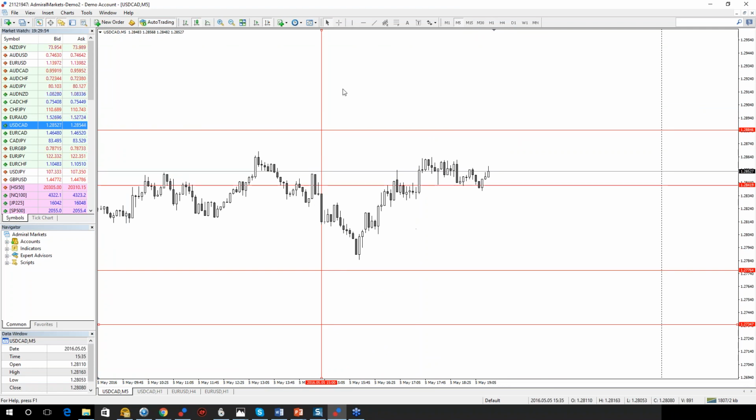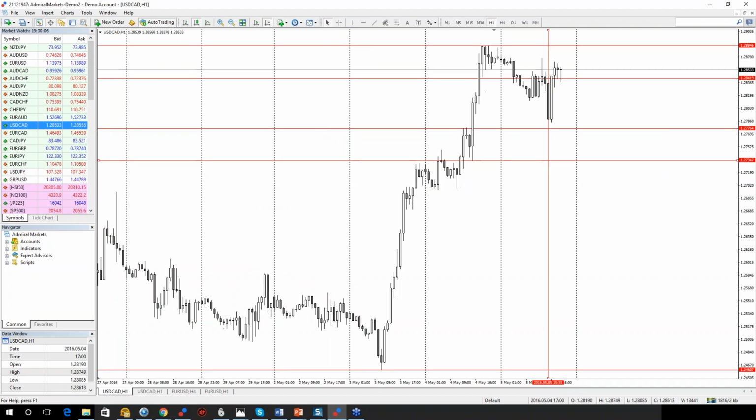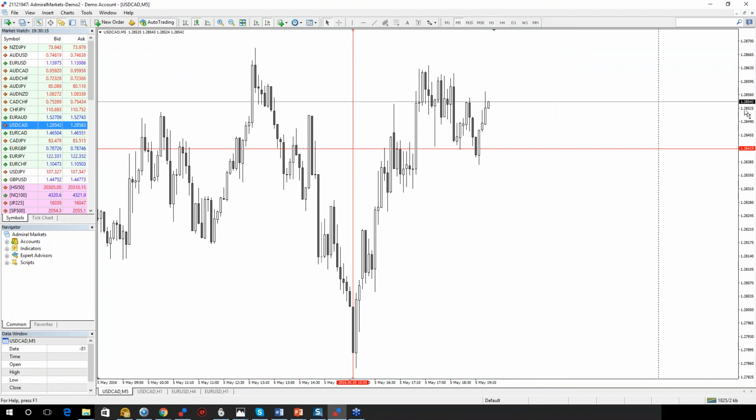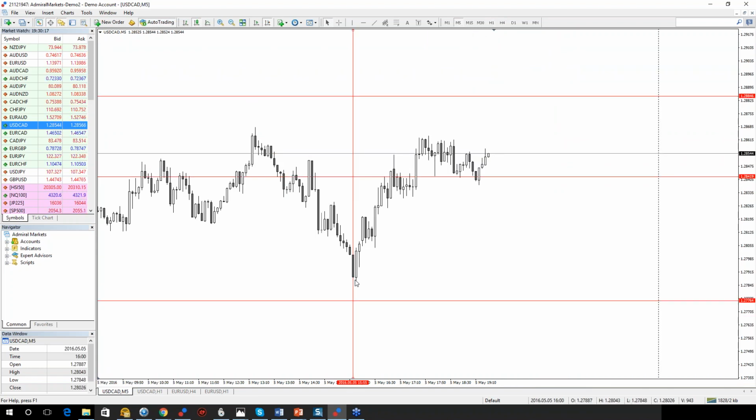So the candle closed, like this, because you need to align the time frames, okay? So the candle closed here, and you see there wasn't a big room till next support. There wasn't a big room.